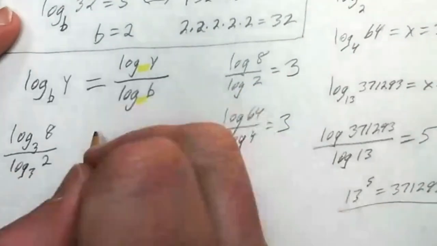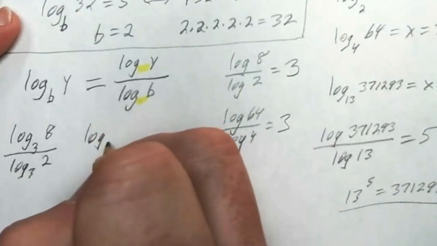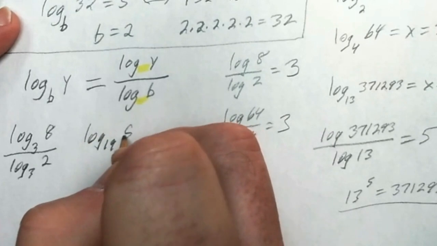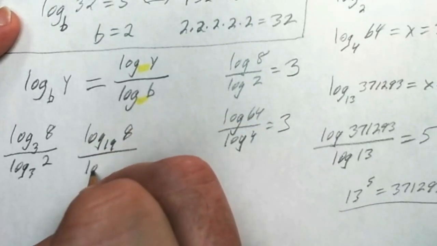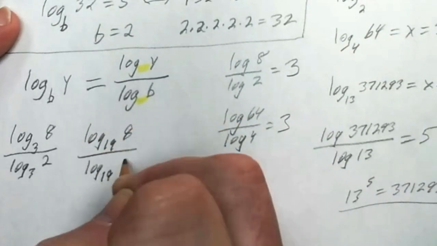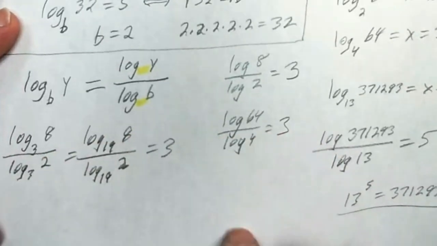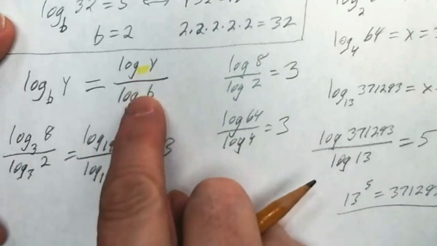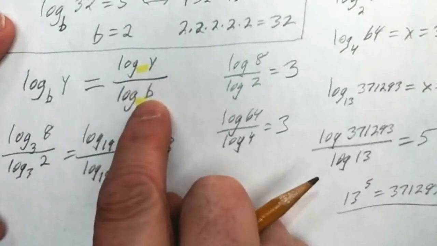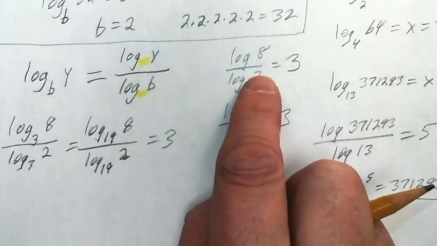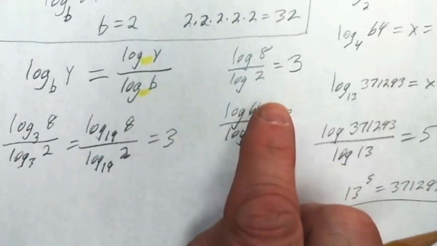I could say log base 19 of 8 divided by log base 19 of 2, and the answer is still going to be 3. This change of base means I can change it to any base. I just changed it to 10 because that's what my calculator uses, but I didn't have to.